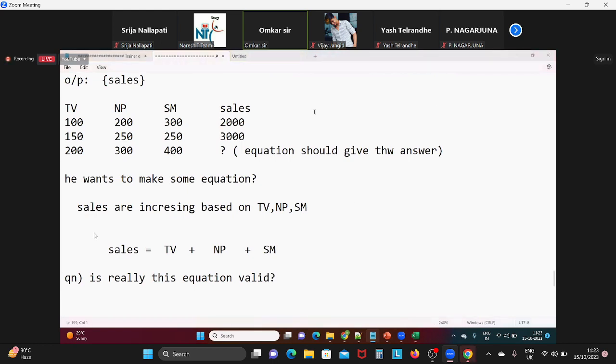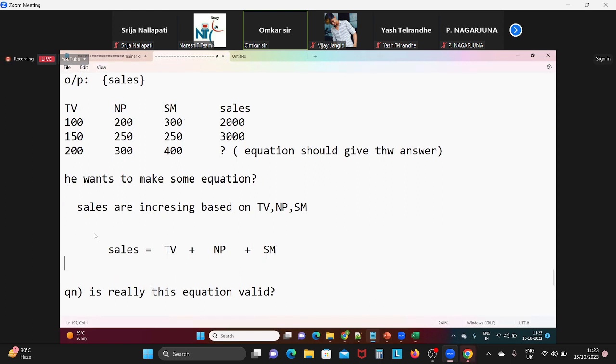No. Why not valid? Tell me. Because you are adding 100 plus 200 plus 300, which is not equal to 2000. That is somewhat your understanding.